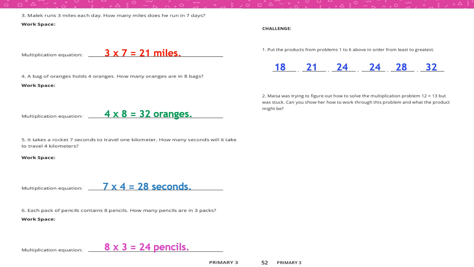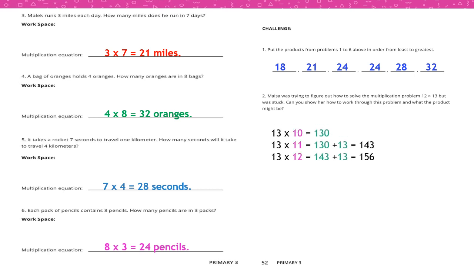She couldn't do it. Can you show her how to work through this problem? And what is the product? We have 12 times 13. Let's think as a mathematician about different strategies.